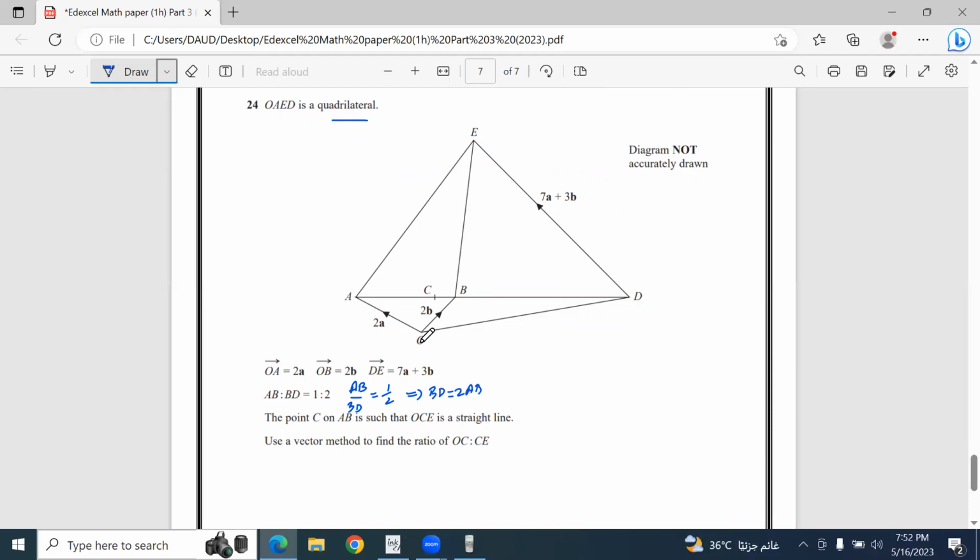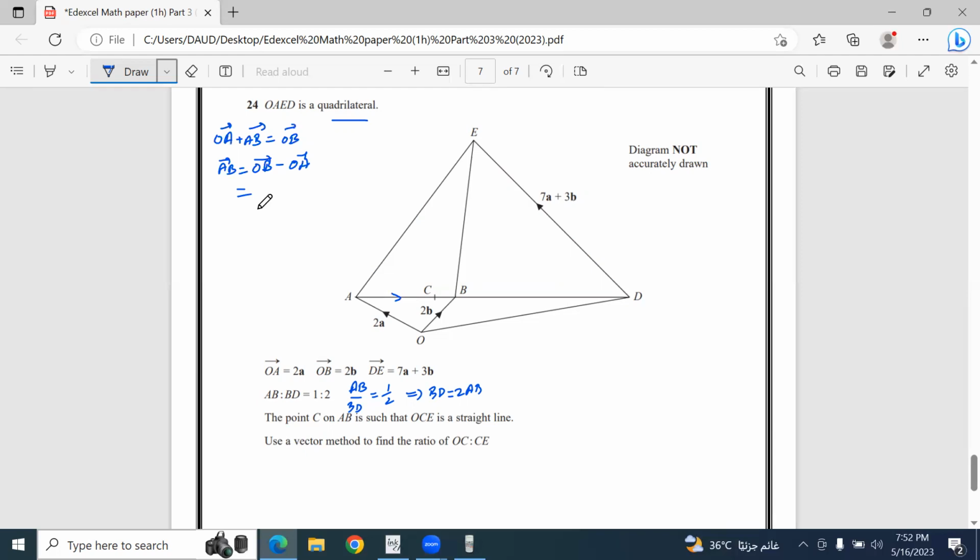So there are a few things I will find out here. First, we can find AB, and check the direction: OA plus AB is equal to OB. We are looking for AB. AB is equal to OB minus OA.